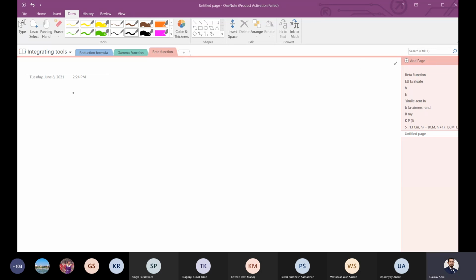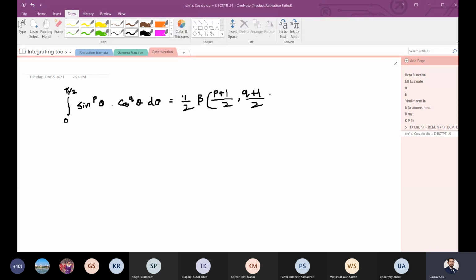You have integration 0 to pi by 2 sine raised to p theta cos raised to q theta d theta. What is this? 1 by 2 beta of p plus 1 by 2 comma q plus 1 by 2.